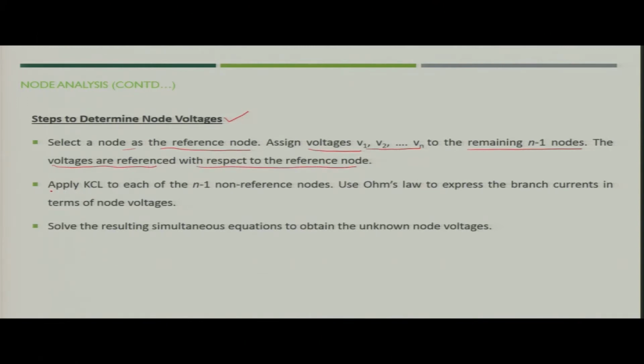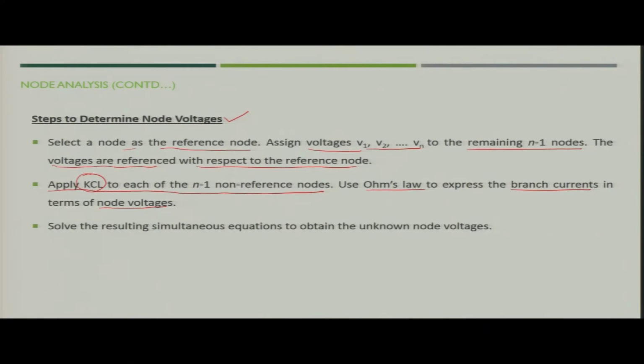Now, you have to take the n minus 1 non reference nodes, that is the nodes other than the reference node, and apply Kirchhoff's current law and use Ohm's law to express the branch currents in terms of node voltages.